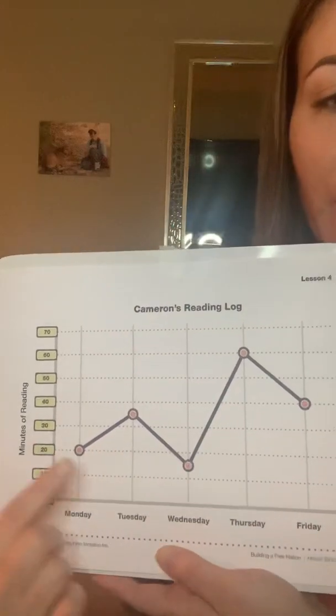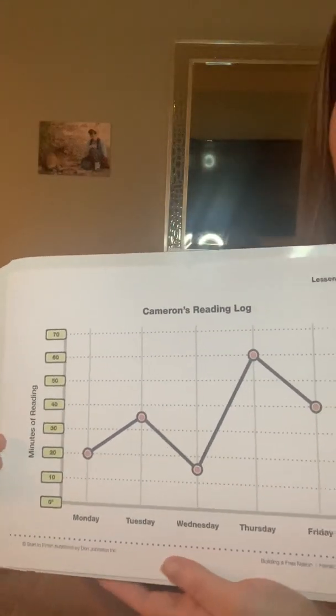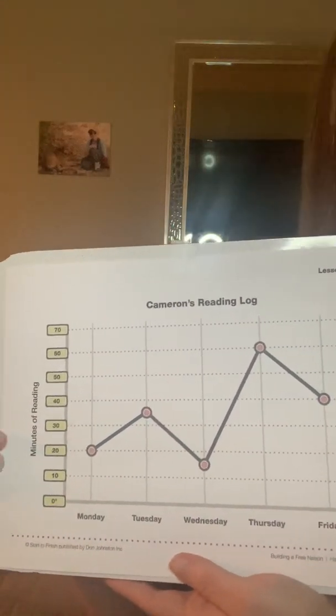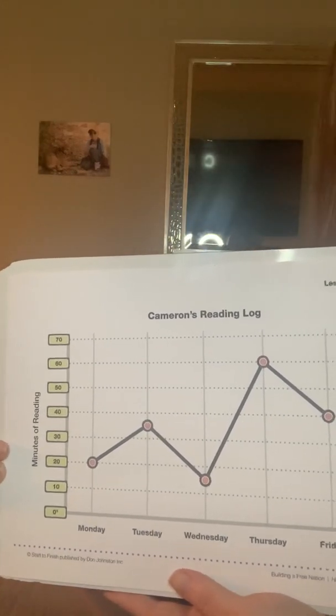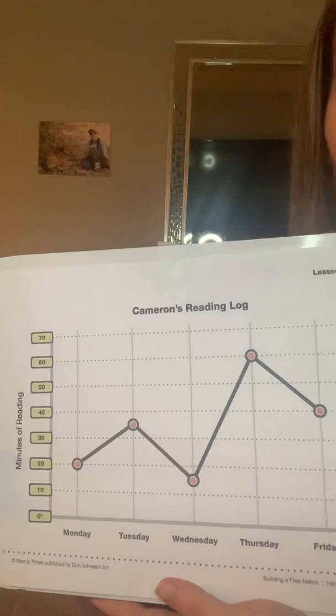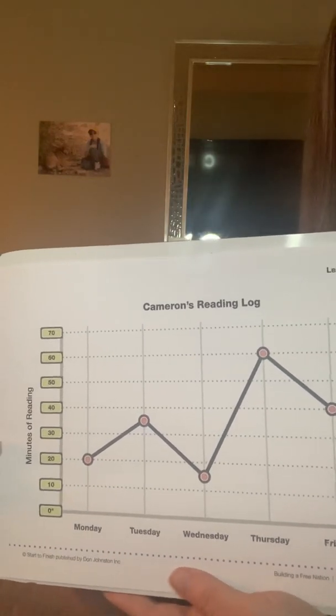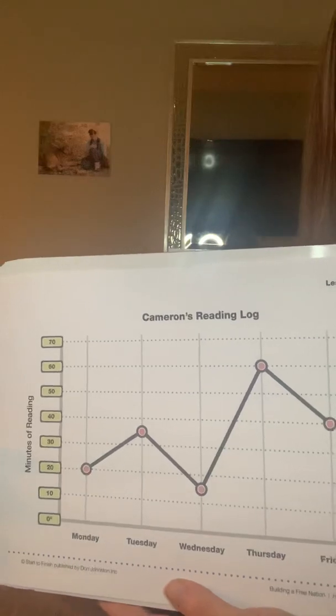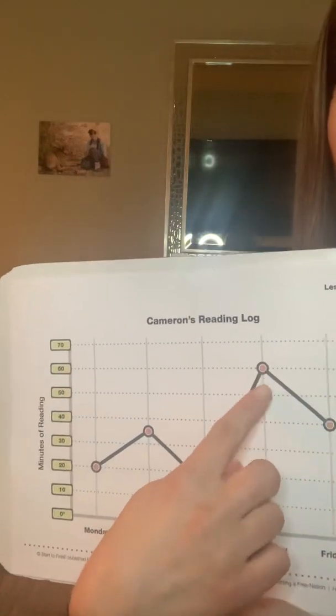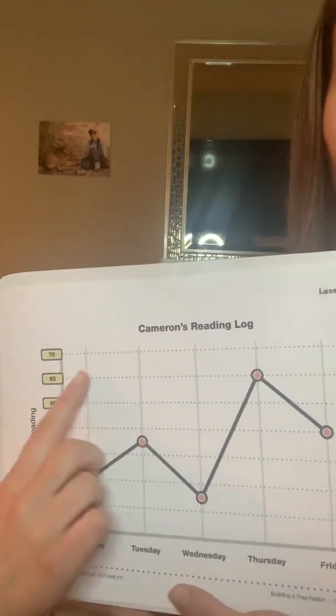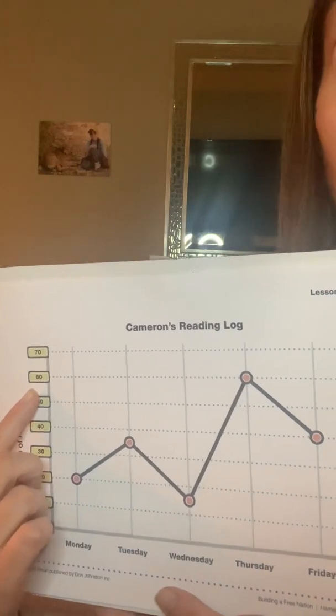So if we look at this graph, now we can analyze it to figure out which day did he read the most, which day did he read the least amount of books. If you look at the graph, what day has the highest point? On what day did he read the most? That would be Thursday, right? When he read for 60 minutes.